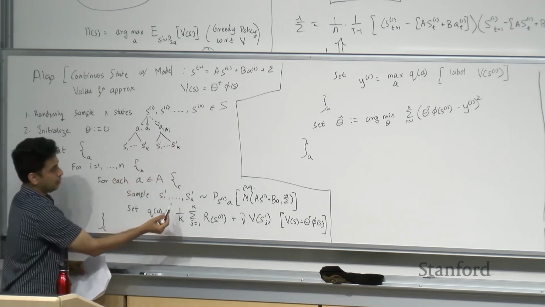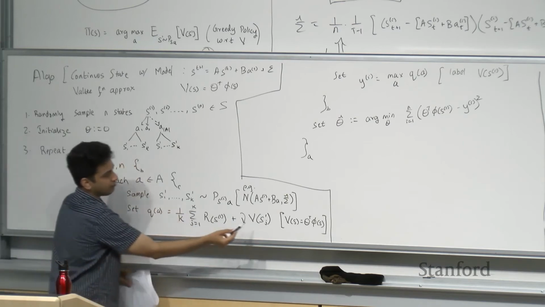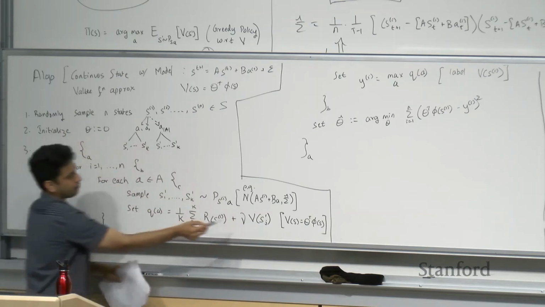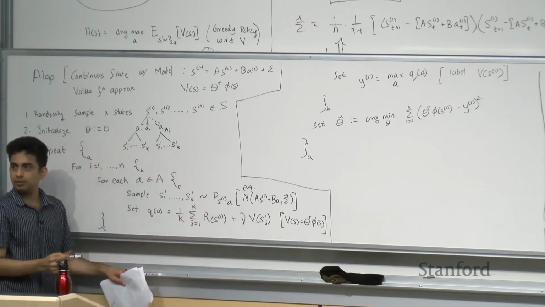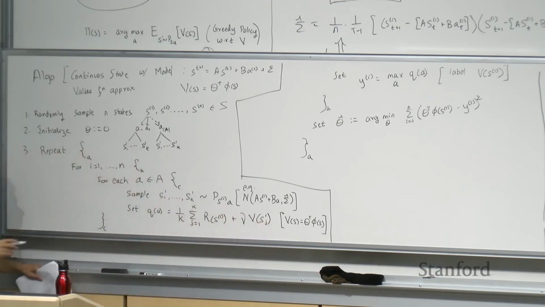And then from each of those final states, we're going to evaluate the value according to the current estimate of the V function, right? The current estimate of the V function uses the theta value we have so far. In the first iteration, it's going to be 0. After that, it's going to be something else.